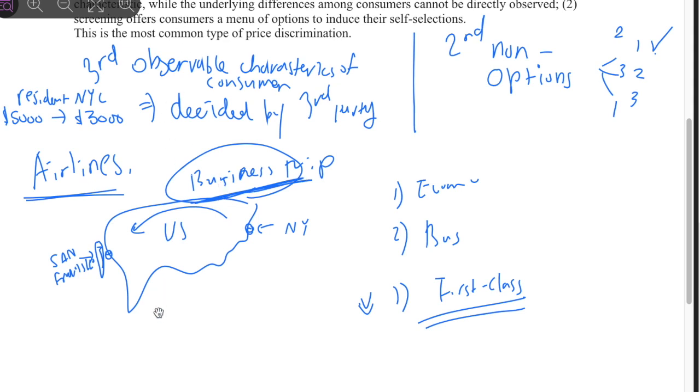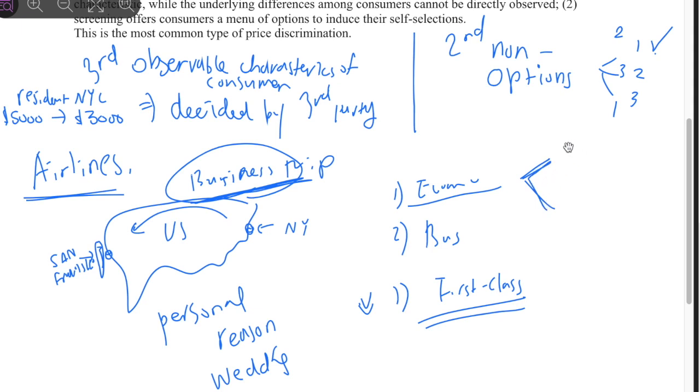But what about if it's your personal reason, right? So if you're going to a wedding of your friend that is happening a week from now, right? So then your option is to take economy, and we can make it a little more detailed, right?